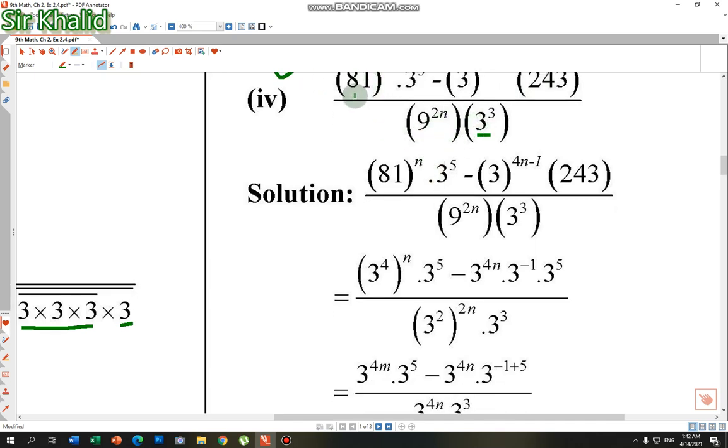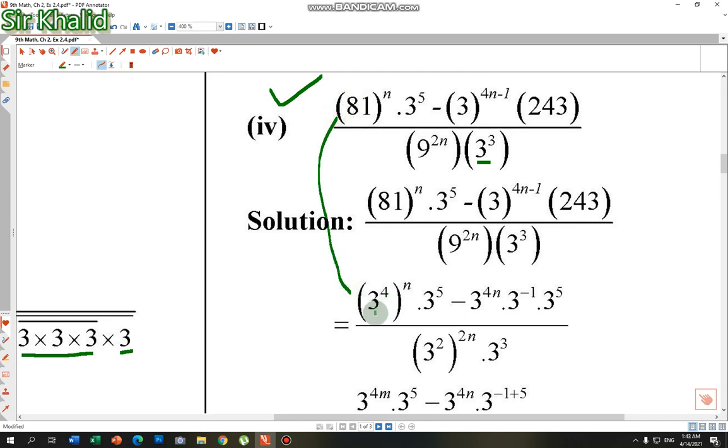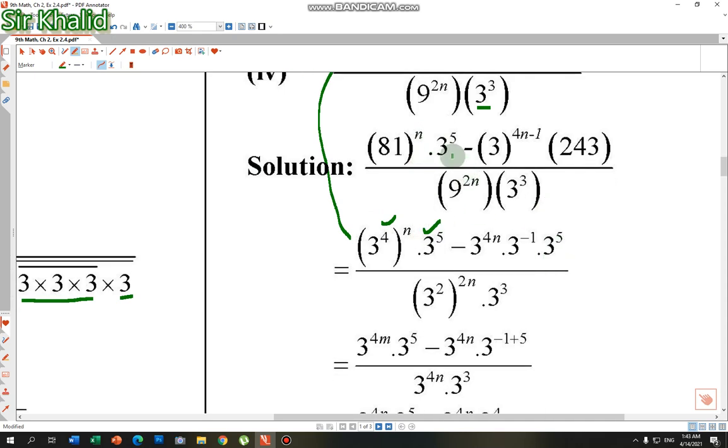Now here this 81 can be written as 3 power 4, 3 power 4 into 3n. This is 3 power 5 written as such.